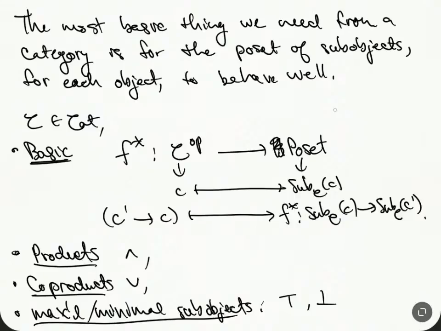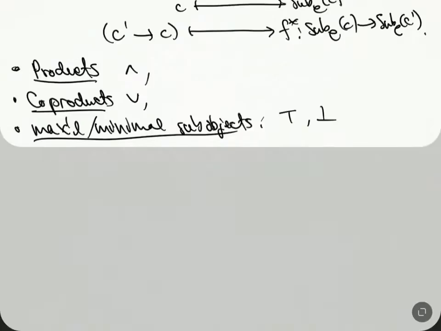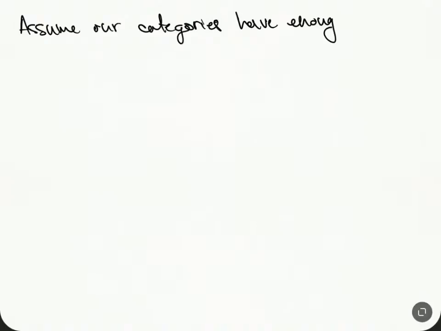Okay, so for now we'll assume our categories have enough structure to interpret, let's say, Horn formulas. Let's say not Horn, coherent. Horn, coherent, regular.